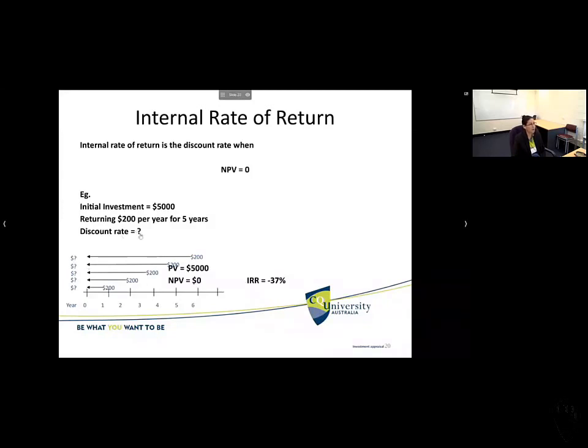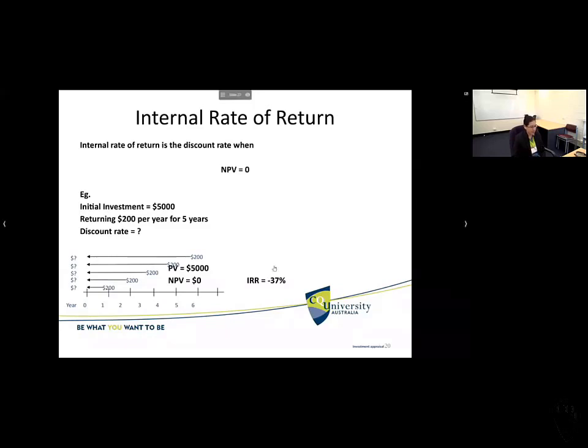That's what we're trying to find. That's the internal rate of return when net present value is zero. You'll find that we actually get a negative internal rate of return of 37%. So obviously we wouldn't proceed with that investment. Okay, and we knew that it was going to be terrible because when we calculated the net present value, it was also negative by a huge amount. So usually your internal rate of return will align with your net present value.